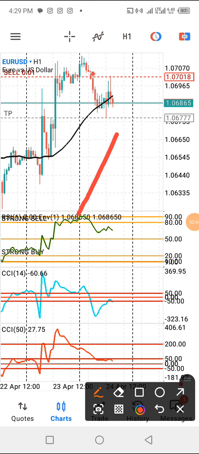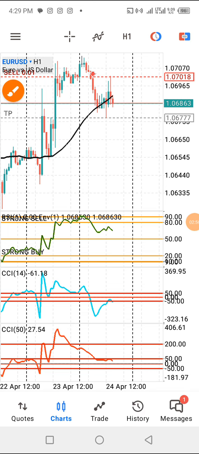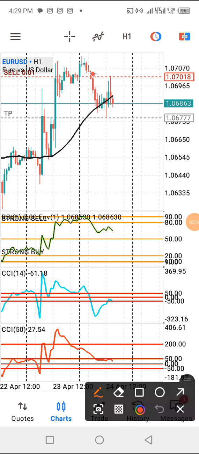When you have analyzed it, you can then use the 15 minutes to take your sniper entry, like this one you see here. I used 15 minutes to take my sniper entry. So the first thing is that your green line is at that point.